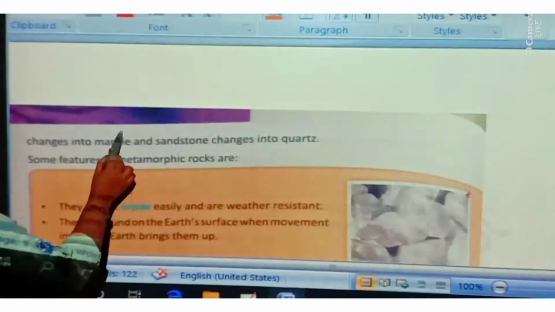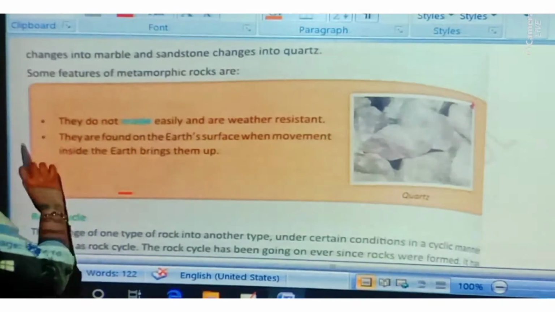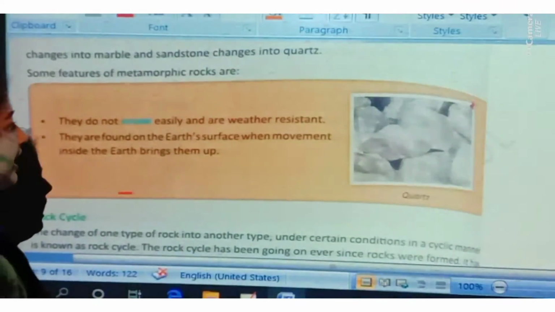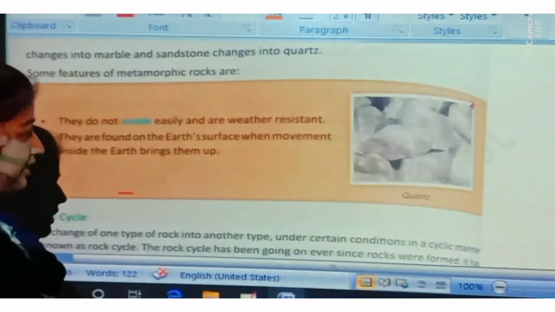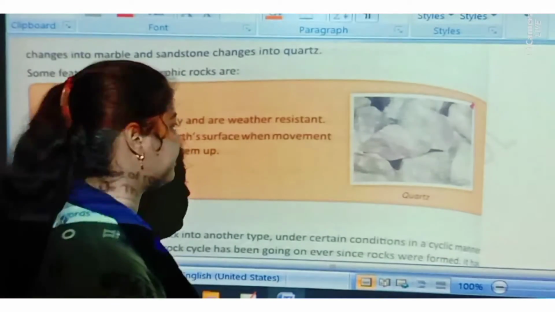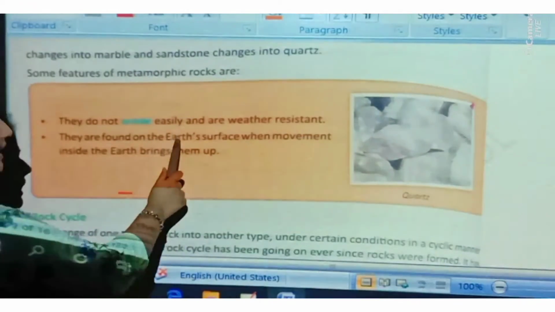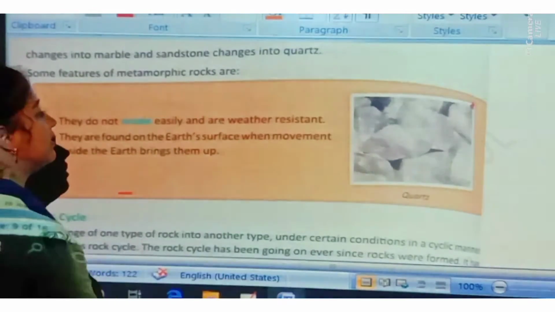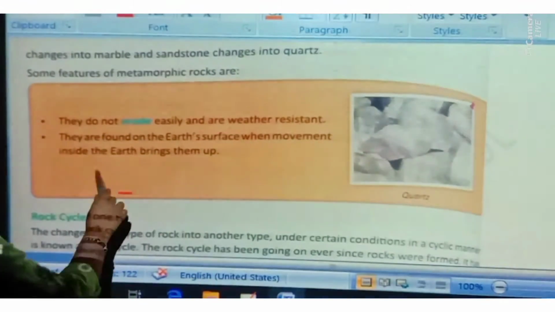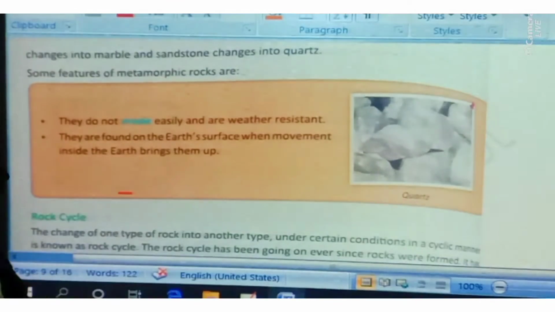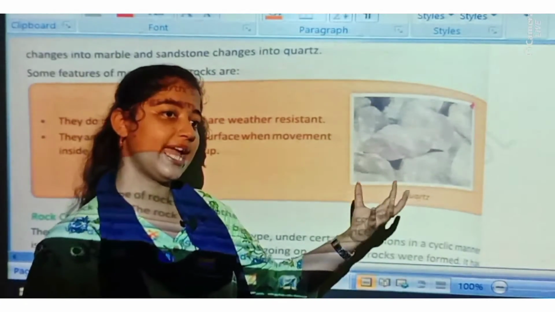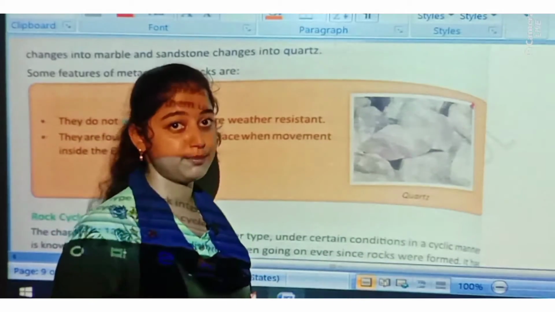What are the characteristics, or features, of metamorphic rock? Number one, they do not erode easily. They are weather resistant. Yes, they are basically hard rock. Number two, they are found on the earth's surface when movement inside the earth brings them up. In our previous video, you already got some knowledge about the three types of movement.